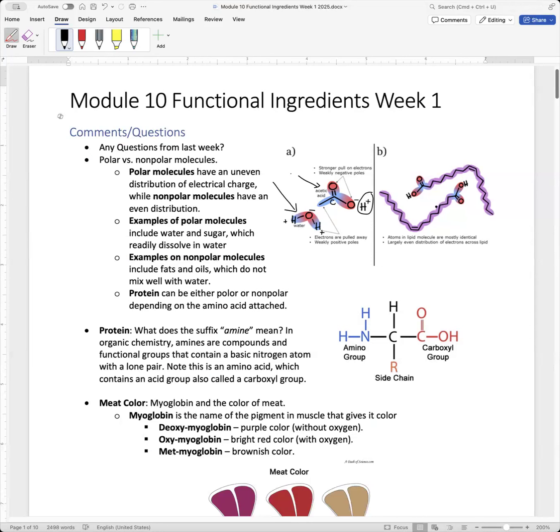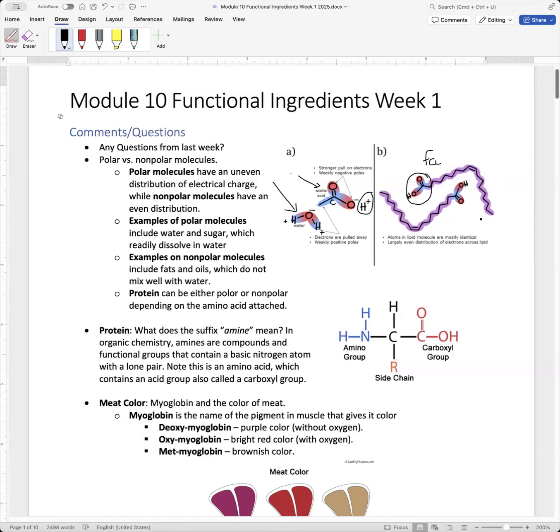Now if we look at a fatty acid right here, remember, a fatty acid is a long chain of carbon molecules. There are no charges on here, right? This is the part that connects to the backbone, the glycerol molecule. So this disappears, and all of this is fully engulfed with hydrogens, and there are no electrical charges.